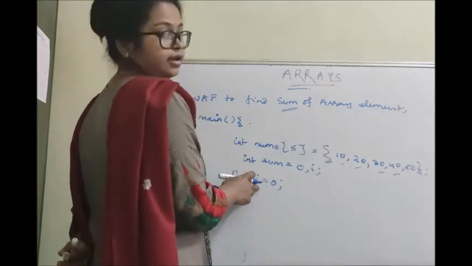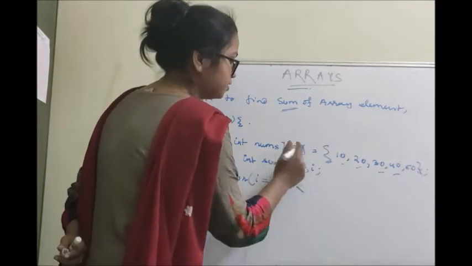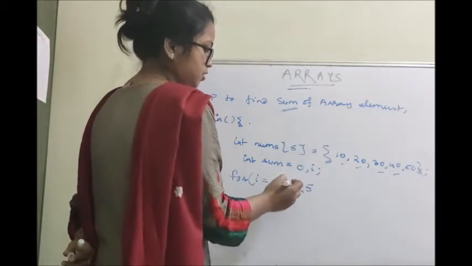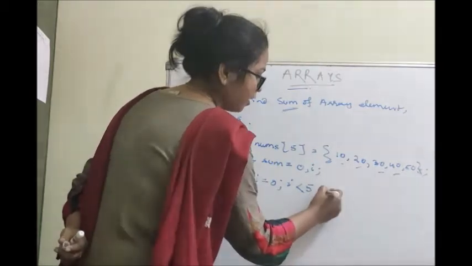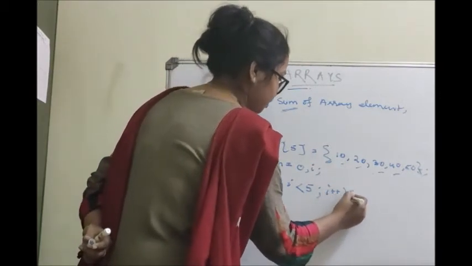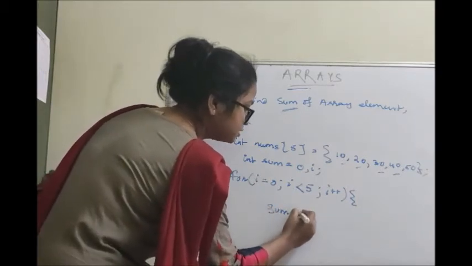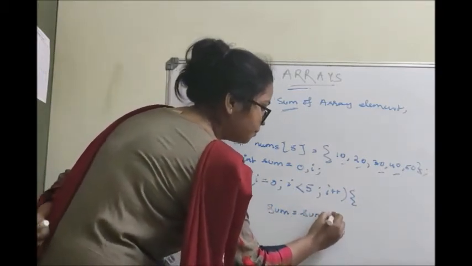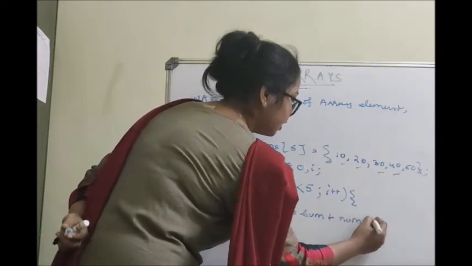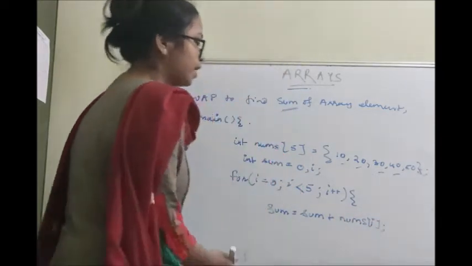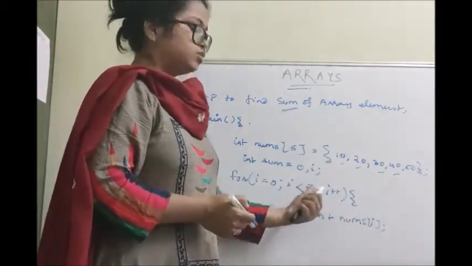Indexing always starts from 0, so i equal to 0. i less than, what is the size? 5, isn't it? So it has to run 5 times, 0 to 4. And i plus plus. Now we have to perform the addition. sum = sum + nums[i], isn't it? One by one, all the elements will be added to sum.